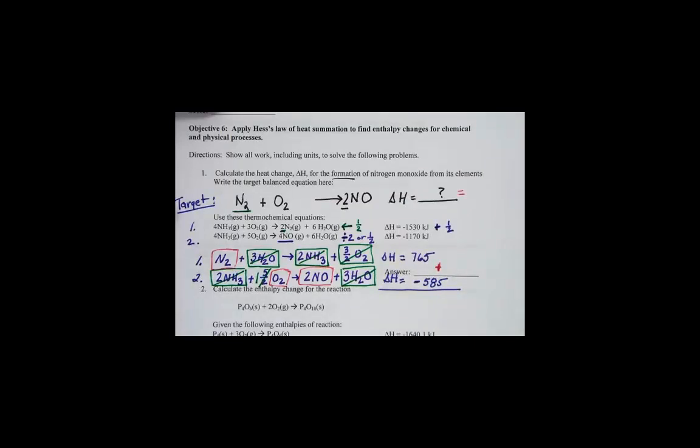Positive 765 plus a negative 585 gives me a total value of positive 180 kilojoules. The value for our target equation we were solving for, 180 kJs, an endothermic value.